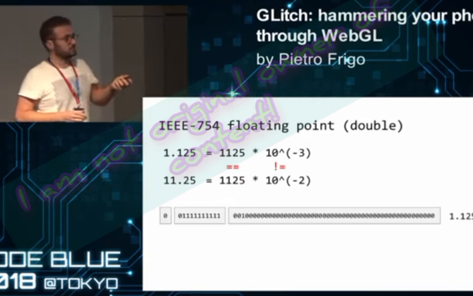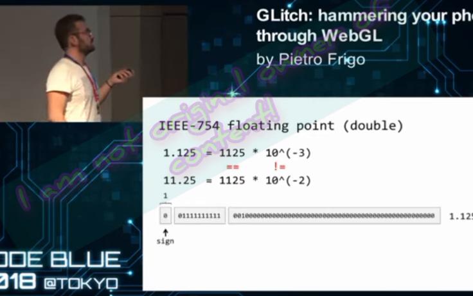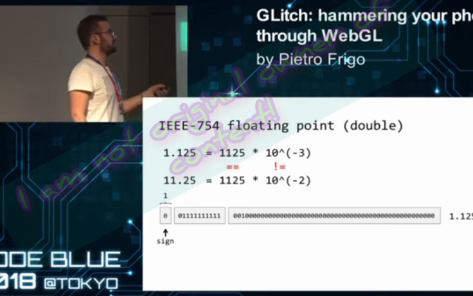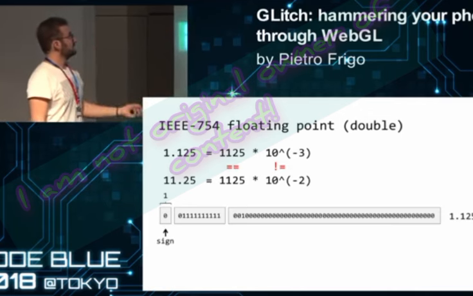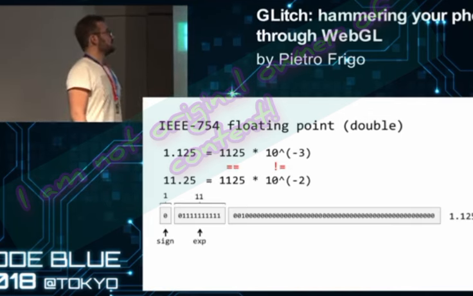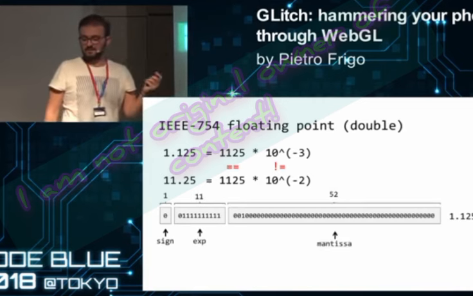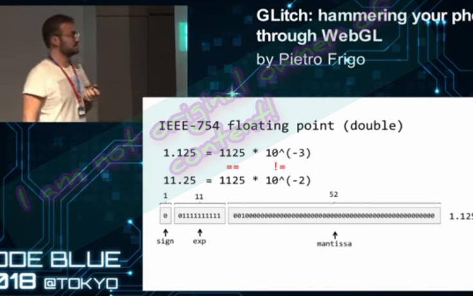Now, in binary, what you have instead is your sign bit, which tells you if it is a positive or negative number. Then you have 11 bits for the exponent. And finally you have 52 bits for the mantissa, which is the significand.